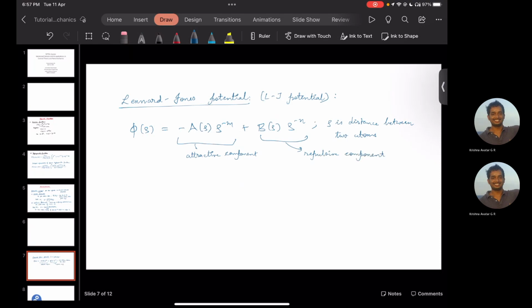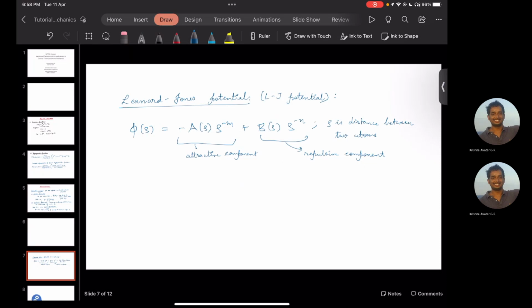One thing to notice here is that the attractive component has a negative sign and the repulsive component has a positive sign. This is the way we define our potential: the attractive potential is always denoted with minus. Even the gravitational potential is negative, because gravity is always attractive in nature.